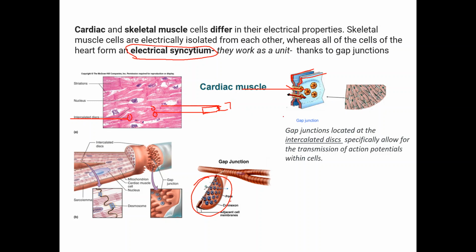Remember what gap junctions are? Gap junctions are simply channels that span from one cell to another and put the cells in communication. All these channels in the intercalated disc allow the cardiac muscle cells to communicate electrically with one another instantly, so that ions travel very quickly.